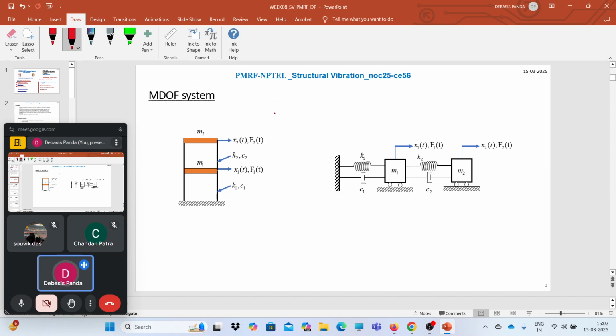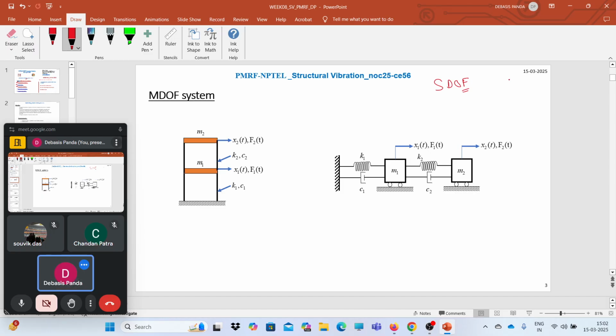Multi-degree of freedom systems. Till now we have talked about only single degree of freedom systems, where we have solved different cases, like the response for a damped SDF system under harmonic excitation, under pulse excitation, and under different kinds of excitation, even earthquake excitation.